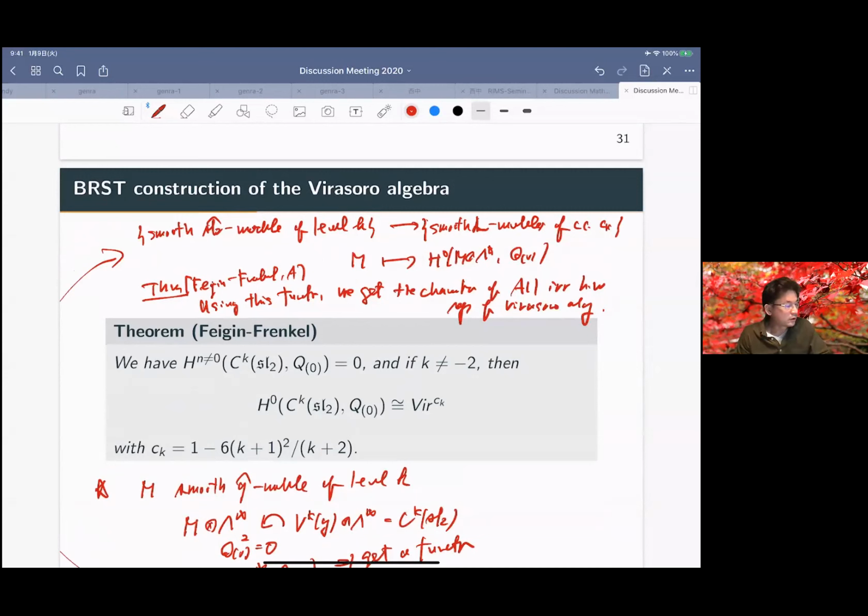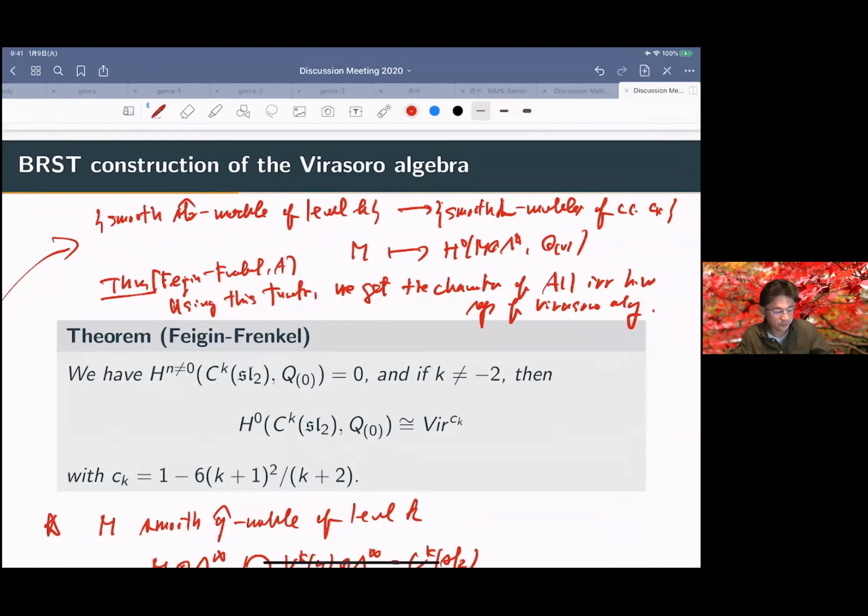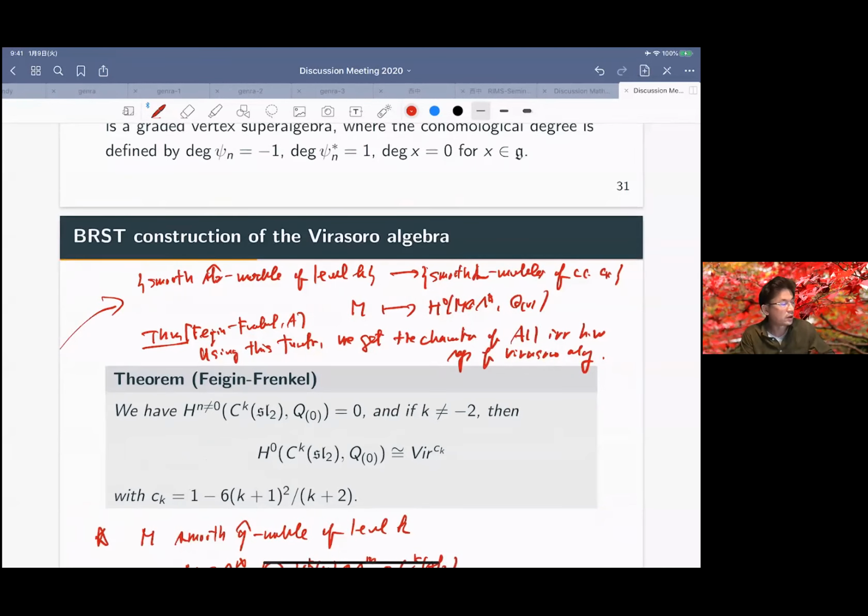But if you use this functor defined by a BRST construction, you don't really need to study the Virasoro algebra to know the character of a simple representation. You just have to know the representation theory of SL2 hat, and then you apply this functor and get the representation theory for free.